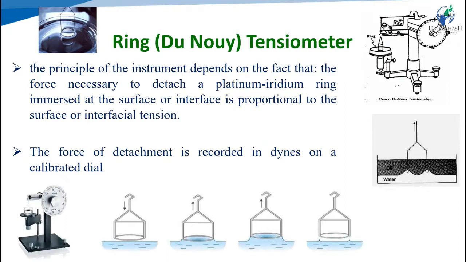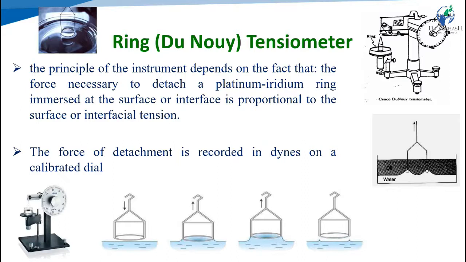The scale is calibrated beforehand by taking different weights on the beam and noting the scale reading. Then, the liquid whose surface tension we have to determine is placed in a disc, or a watch glass or glass plate, so that the platinum ring just touches the surface.